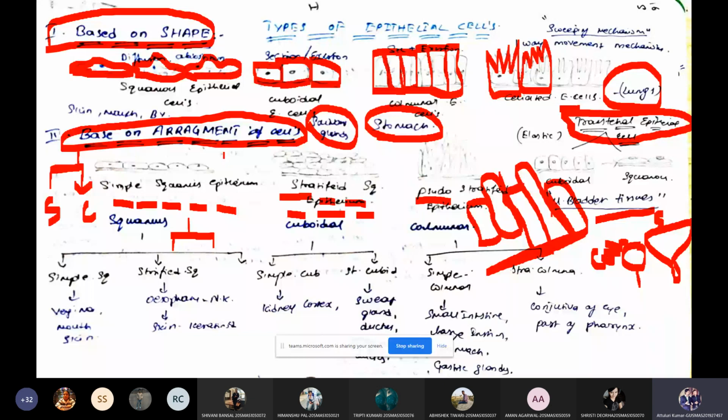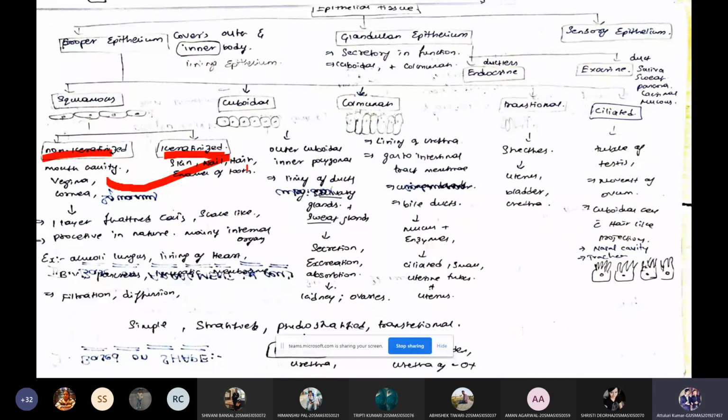All these examples are non-keratinized squamous cells. And what about the keratinized squamous cells? Keratinized squamous cells are present in skin, nails, hair, and enamel of the tooth. Believe it or not, your skin is a layer of dead cells actually. Your skin has keratin.